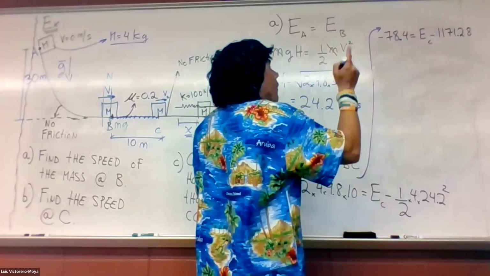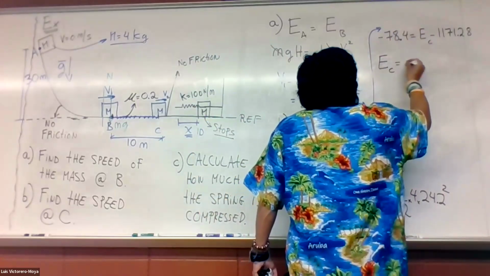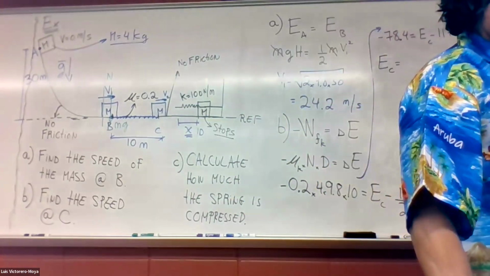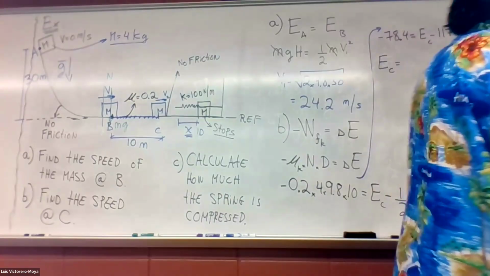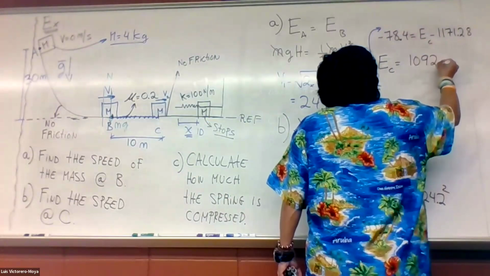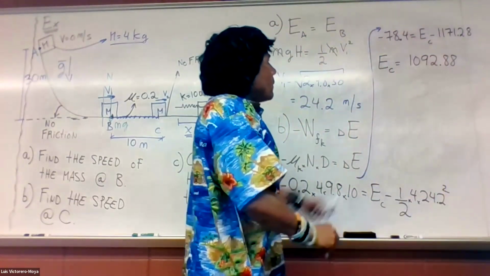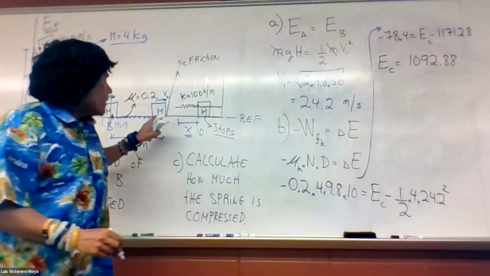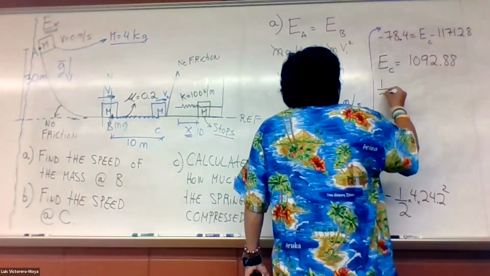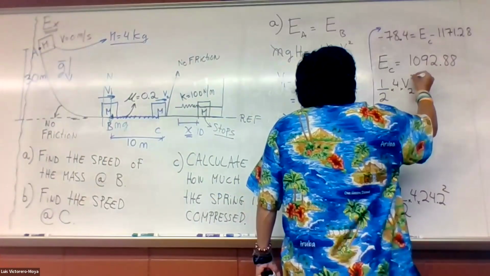So the energy on C is that minus that. 1,092.88. Yeah. But what's the energy on C? It's just kinetic. So that's 1/2 mass V2 squared.